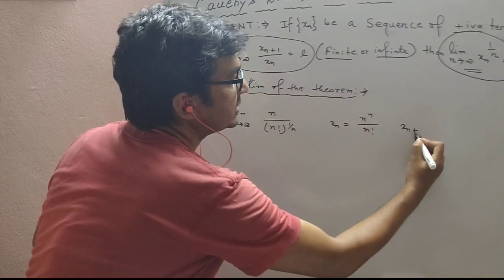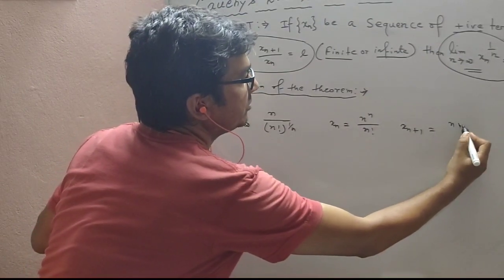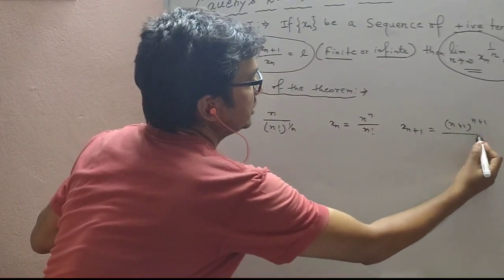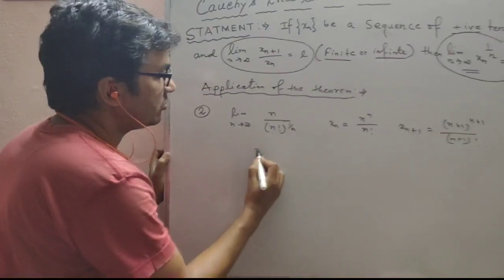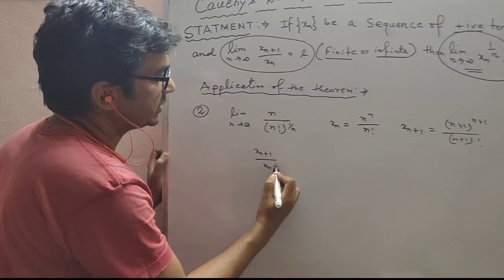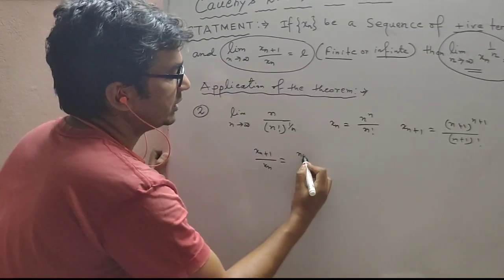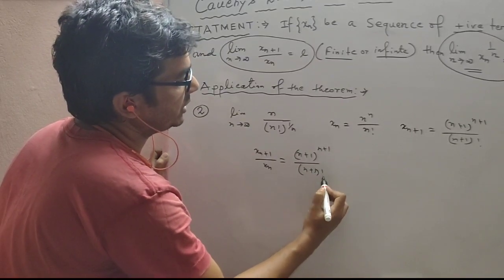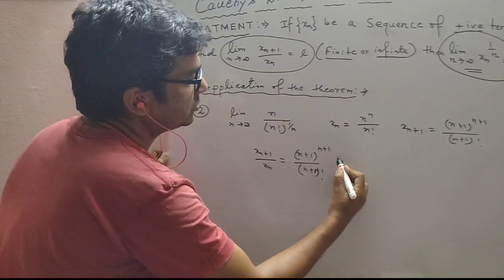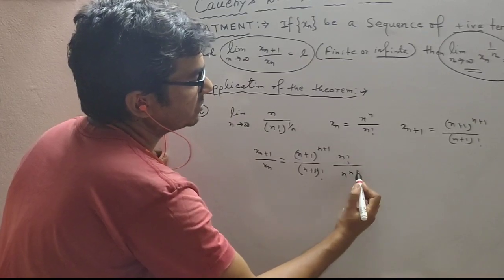Then xn plus 1 equals (n plus 1) to the power n plus 1 by (n plus 1) factorial. Now xn plus 1 by xn equals (n plus 1) to the power n plus 1 by (n plus 1) factorial, into n factorial by n to the power n.